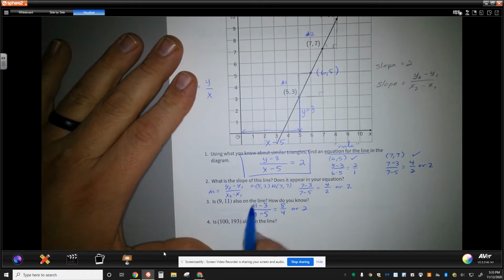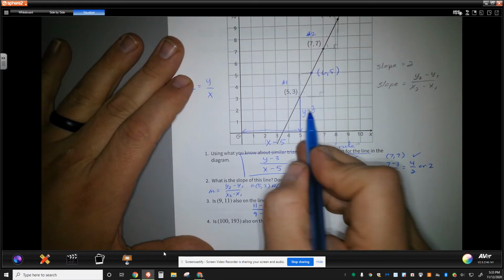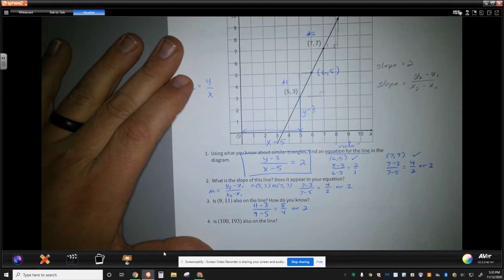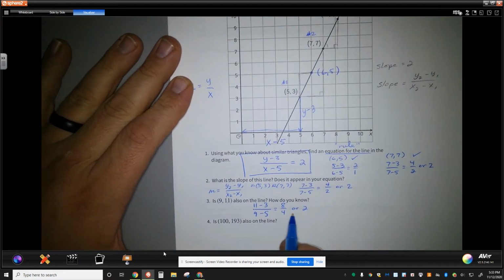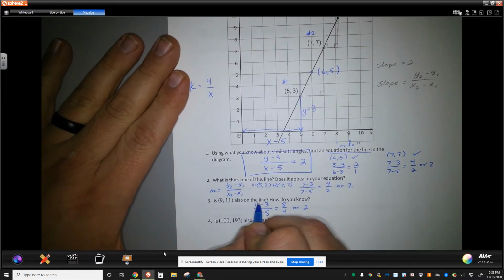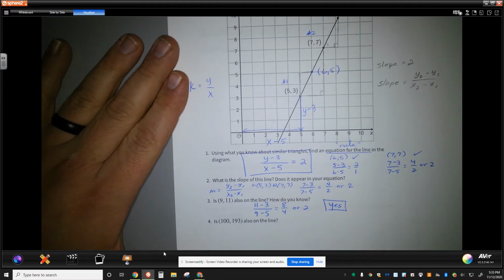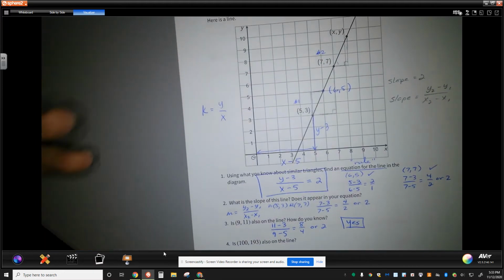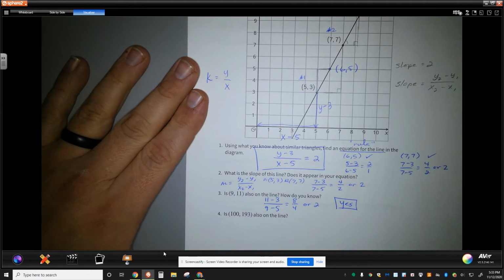Since 9, 11 makes my rule true when plugged into this, following that change in y and the change in x, and we get a slope of 2, this comes out to a true statement. So 9, 11 is also on the line. Yes, it's on the line. How do I know? Well, because of what I just said. When I plug it into my equation, it follows the rule of proportionality for this line.